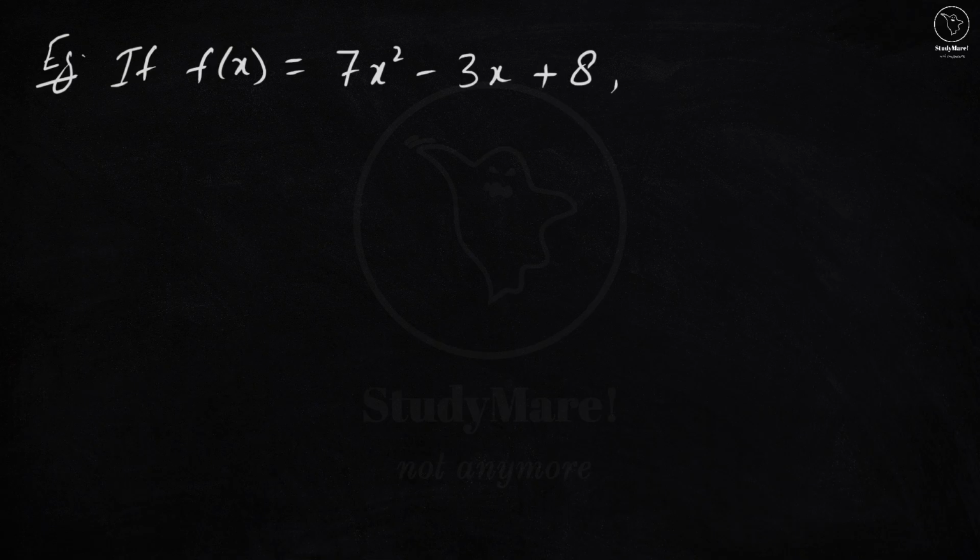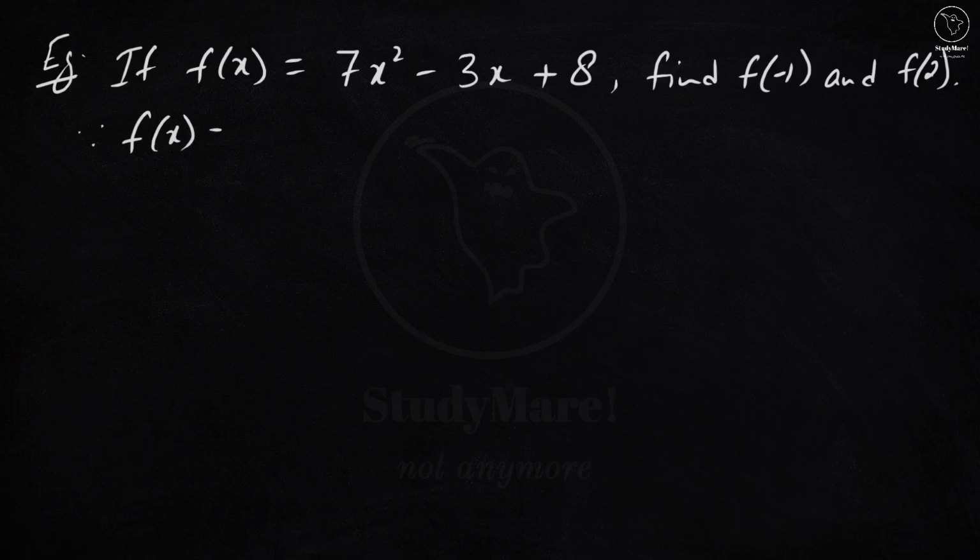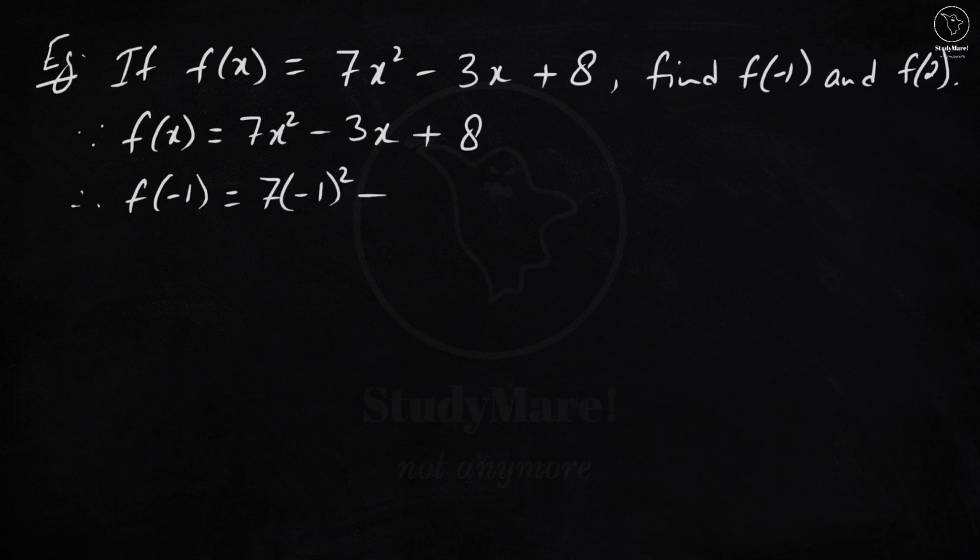Our next example says, if f(x) is equal to 7x square minus 3x plus 8, find f of minus 1 and f of 2. Since f(x) is equal to 7x square minus 3x plus 8, therefore, substituting the value of x as minus 1 in this polynomial, we get f of minus 1 is equal to 7 into minus 1 square minus 3 into minus 1 plus 8.